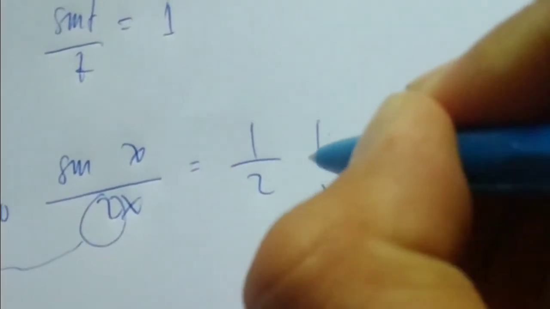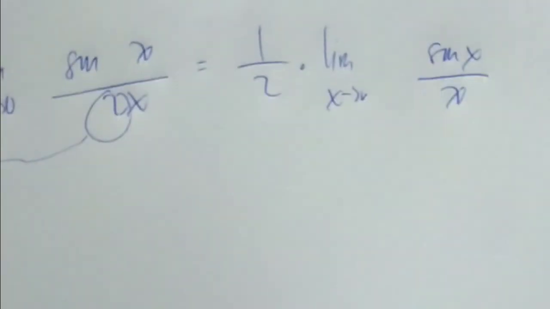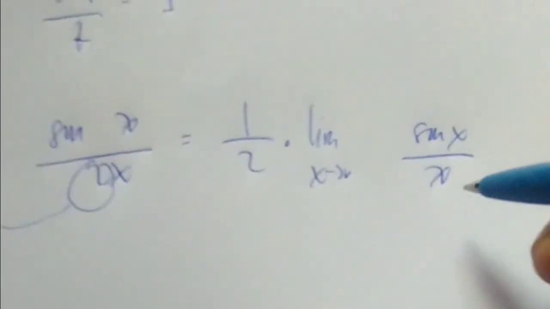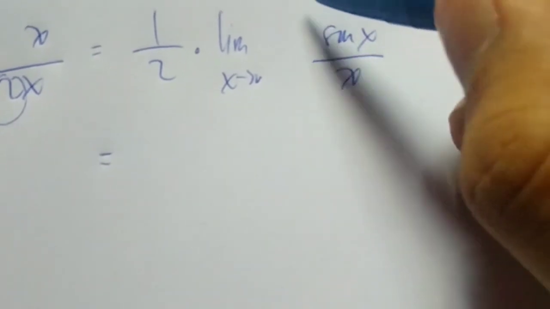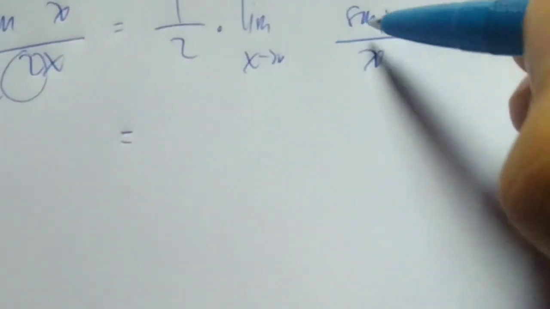After that, we know that limit x to 0 of sin x per x is equal to 1. So the result is 1 per 2.